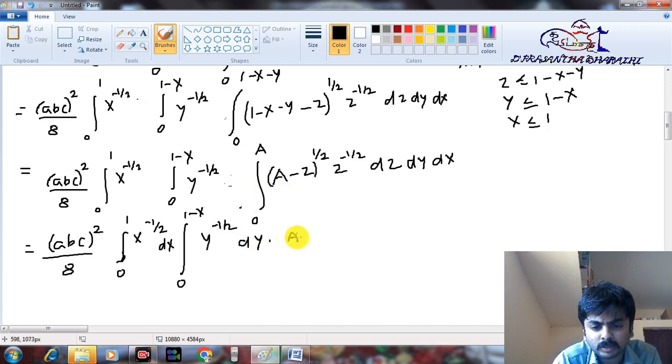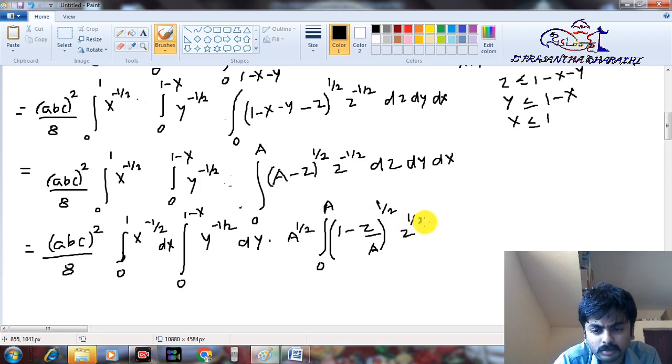So I have A power 1 by 2, which is a constant, integral 0 to A of 1 minus z divided by A whole power 1 by 2, z power 1 by 2 dz.